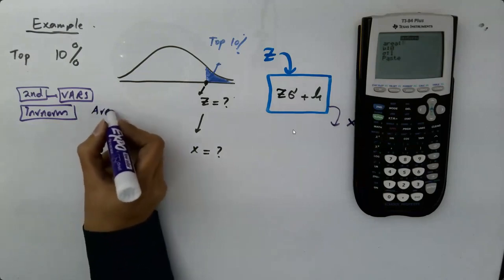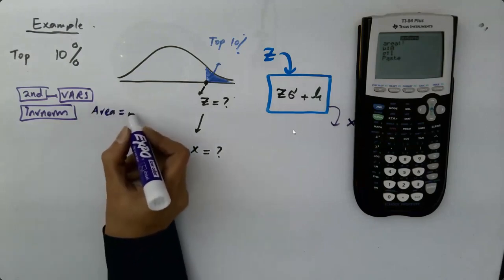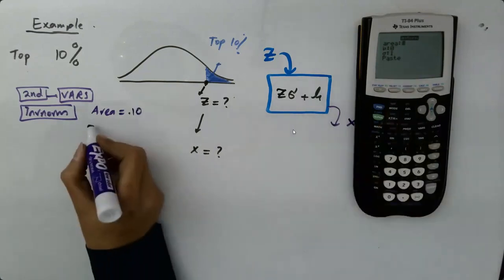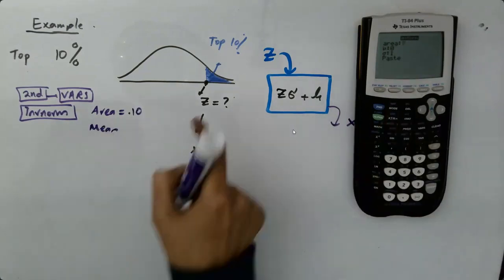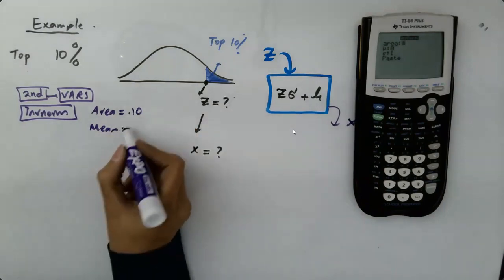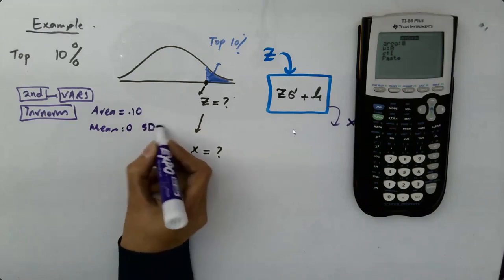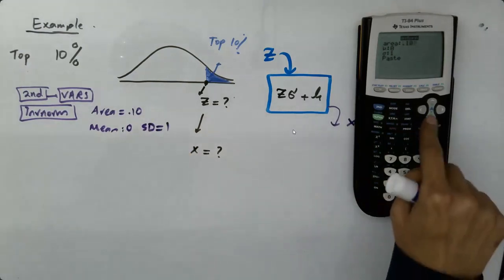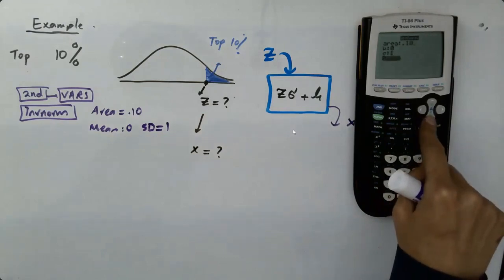So the area is 10%, 0.10, and the mean is 0 because you are trying to find your Z. Mean is 0 with standard deviation 1. So 10%, 0.10, mean is 0, standard deviation is 1.